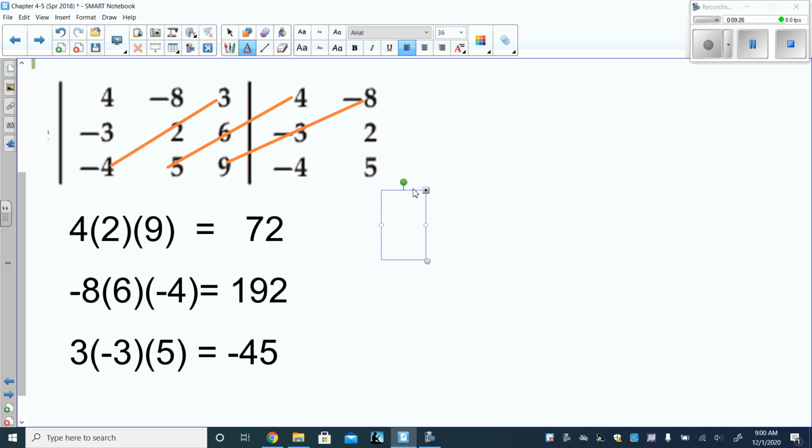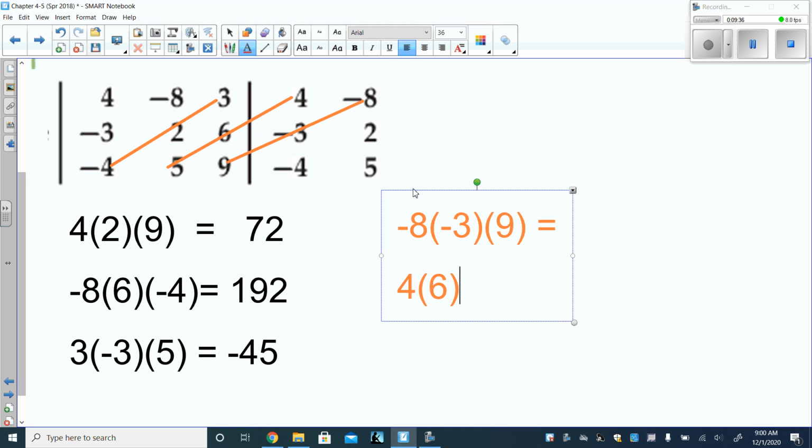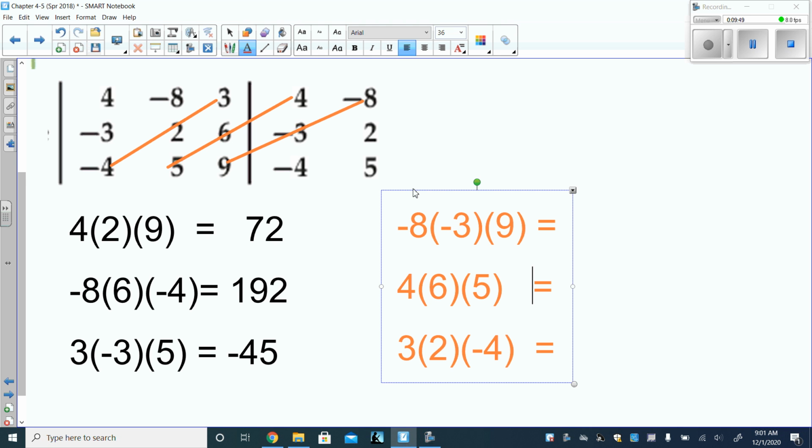So our first one is going to be -8 times -3 times 9. Our next one is going to be 4 times 6 times 5. And our last one is going to be 3 times 2 times -4. And again, just like with the first set, we just need to simplify these.